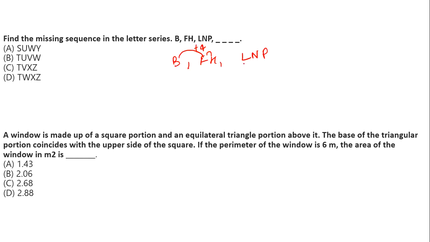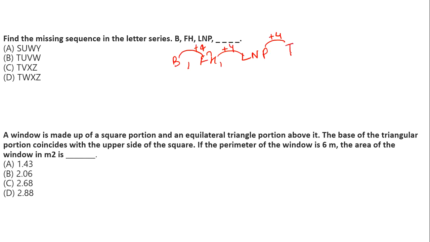And next we have LNP, right? For L, what do we have to add? I, J, K, L, right? So here also we have to add 4. If you add 4 to H, we are going to get L. Then they have skipped M, we have N. Then they have skipped O, we have P. Now again we add 4 to P. It is going to be Q, R, S, T, right?